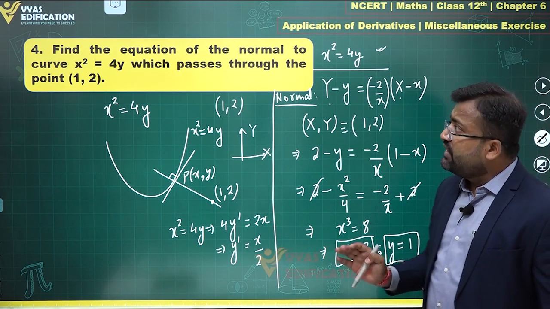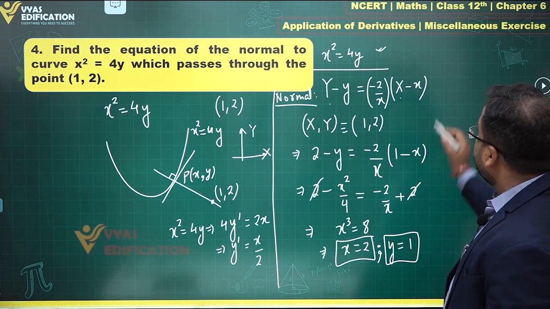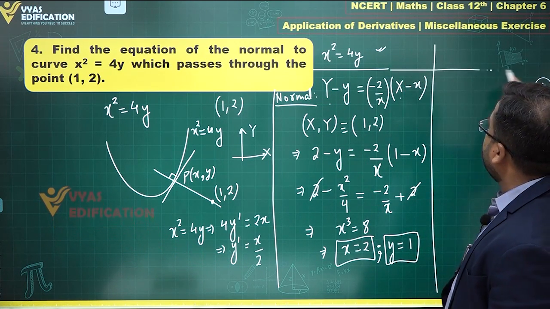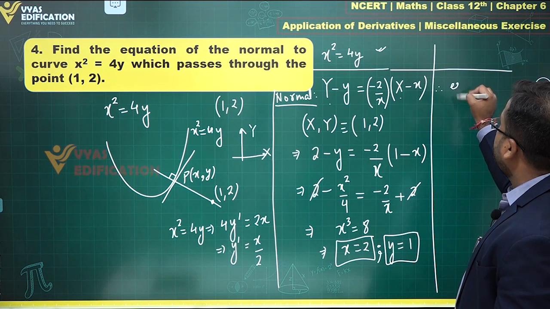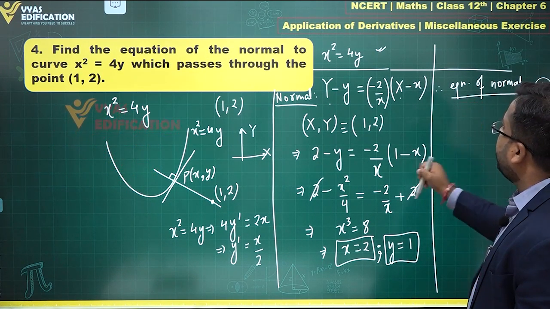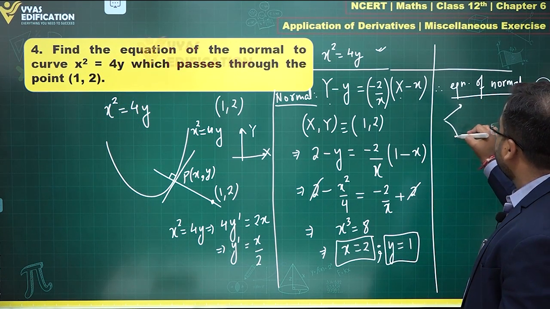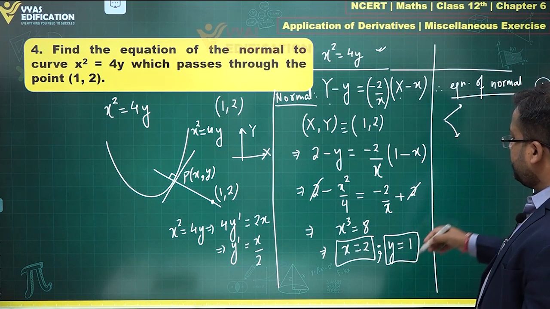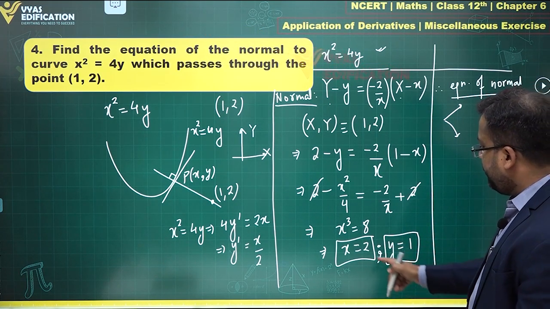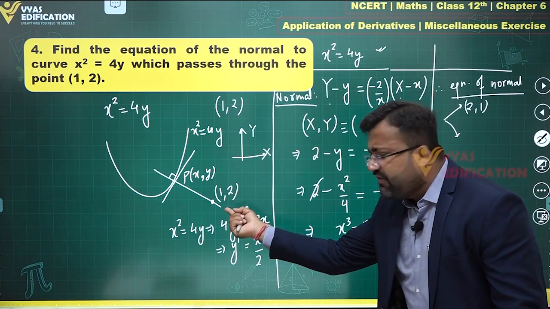Since you have found this point, you can write the equation of normal to the curve easily. For the normal we need two things, the slope and the point. The point is 2 comma 1, and you already have one point.